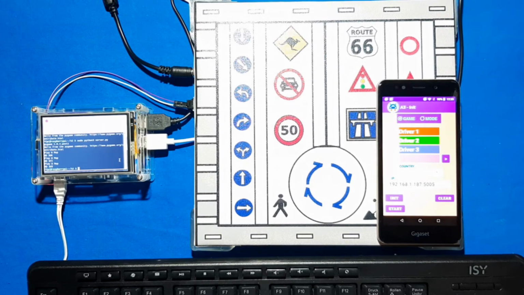So one first enters the command for the Raspberry Pi to start the server. So now the server is running, and at first the A3 game icon shows up on the Raspberry Pi. So one can control the Raspberry Pi display by app as well.